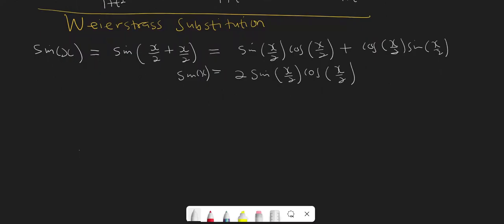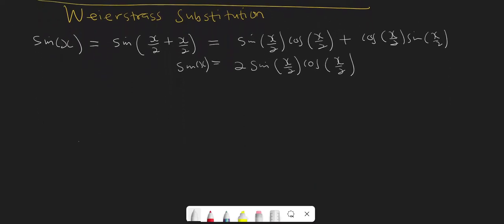So with sine x over 2, from my previous video, we realized that sine squared x is equal to tan squared x over 1 plus tan squared x. We proved this in my previous video, so if you want to know how this is proved, you can go back and watch the video.